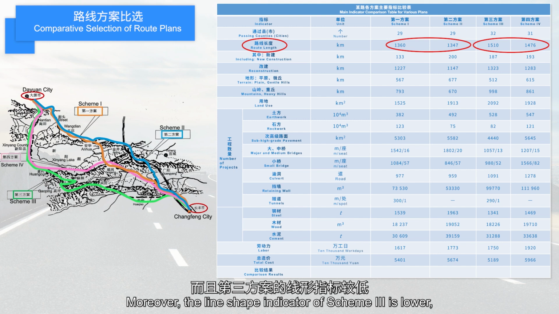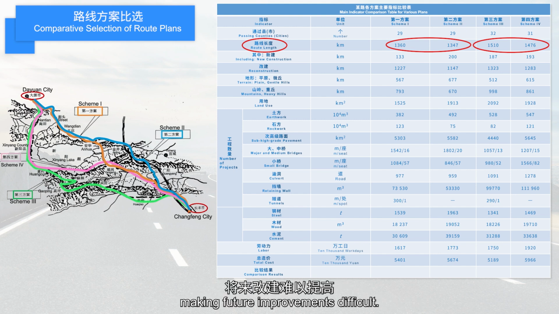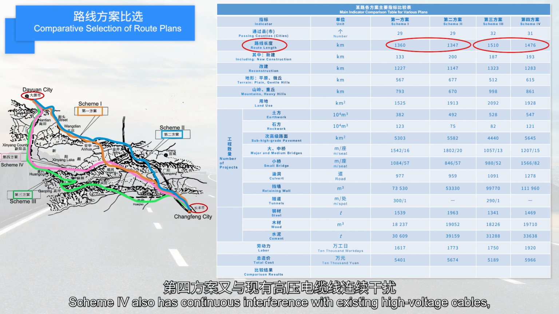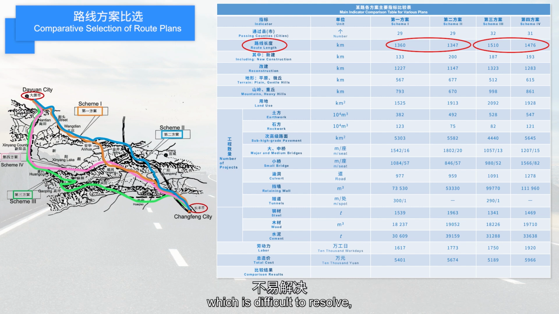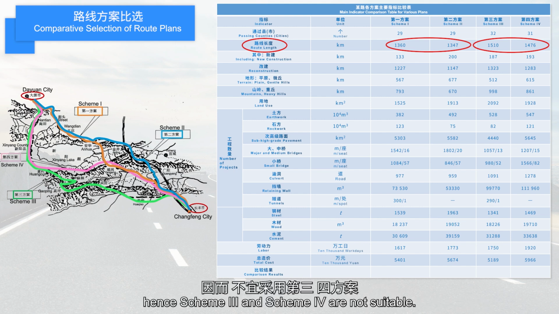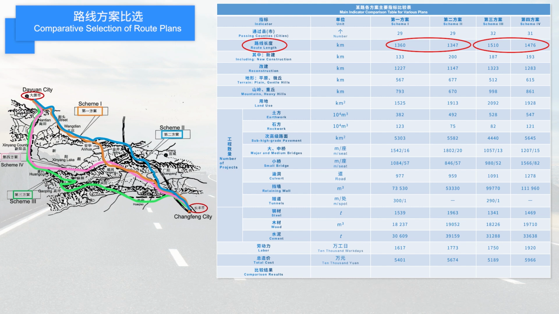Moreover, the line shape indicator of Scheme 3 is lower, making future improvements difficult. Scheme 4 also has continuous interference with the existing high-voltage cables, which is difficult to resolve, hence Scheme 3 and Scheme 4 are not suitable.